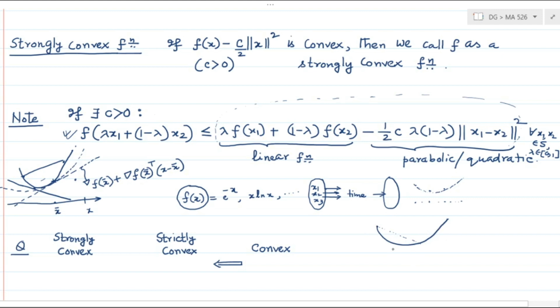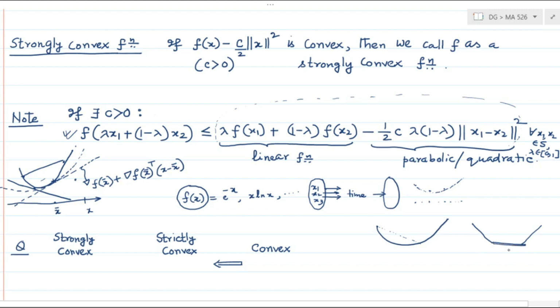Now you note that if a function f is convex, it can have a graph where the function is constant in between certain points. This can be possible. For strictly convex, this constant value of the function in an interval is swept away.